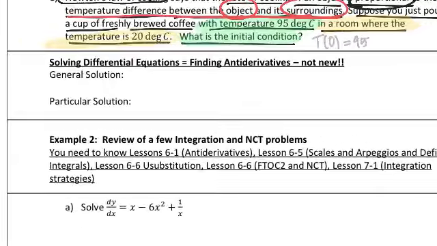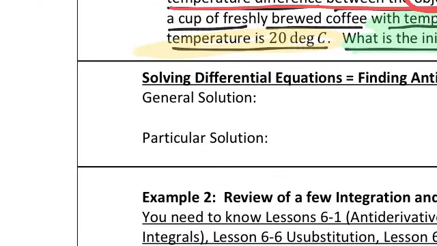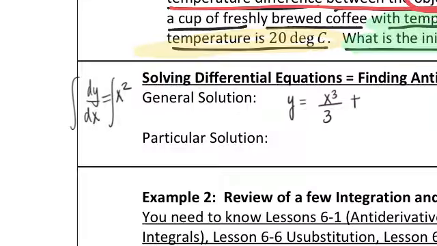Okay, so as we just said a minute ago, differential equations have a general solution and a particular solution. So for example, if my differential equation is dy/dx is equal to x squared, we already know that we can solve this by taking an integral or an antiderivative, and we're going to find that y is equal to x cubed over 3 plus c.